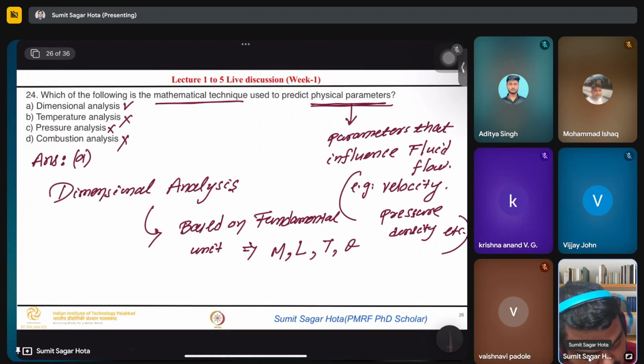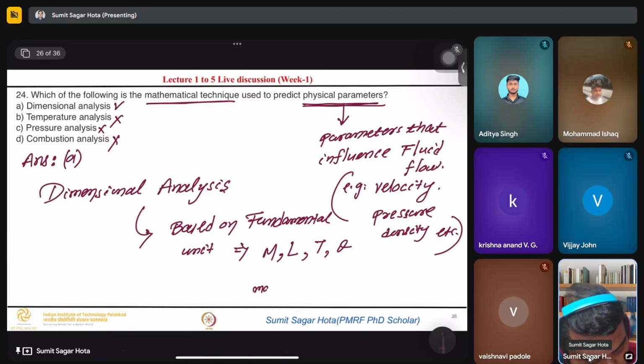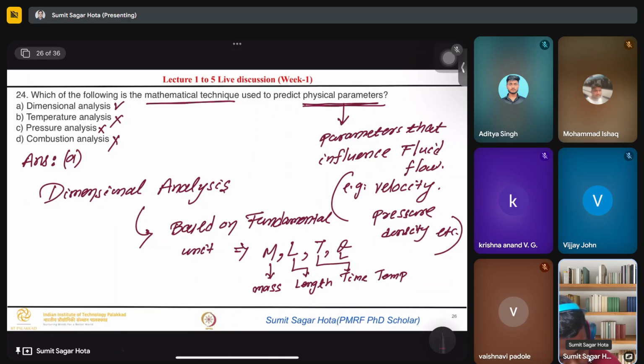For example, we know velocity is meter per second.